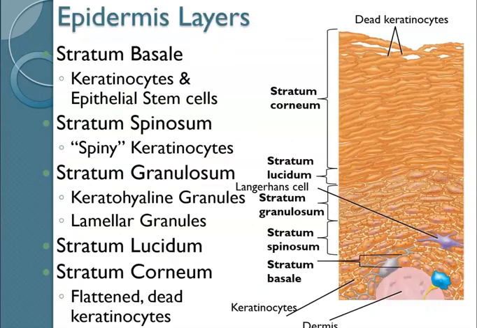In terms of the epidermal layers, in certain parts we have 5 layers within the epidermis. By no means am I encouraging this, but this is just a little acronym that helps students remember these layers. It actually comes from the top down. CLGSB: come, let's get sunburned.